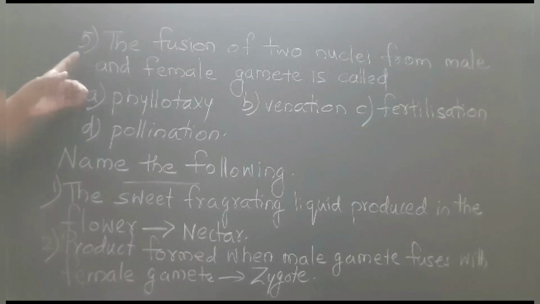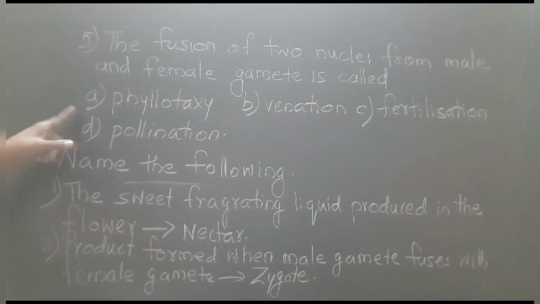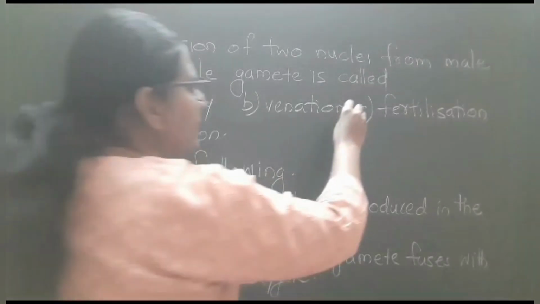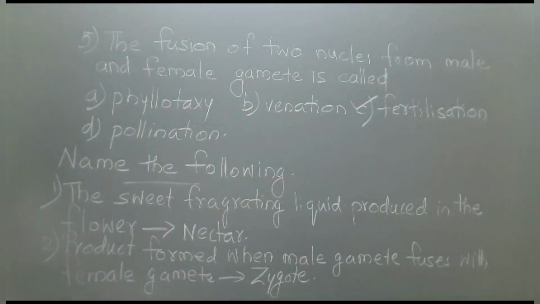Fifth one, the fusion of two nuclei from male and female gamete is called A. Phyllotaxy, B. Venation, C. Fertilization, D. Pollination. So the answer is fertilization. The fusion of male and female gamete is called fertilization.